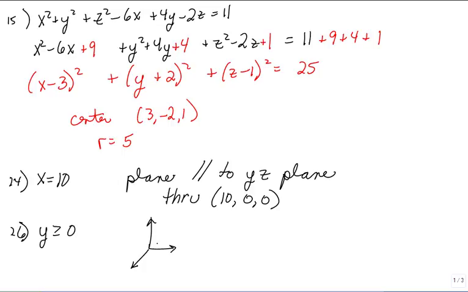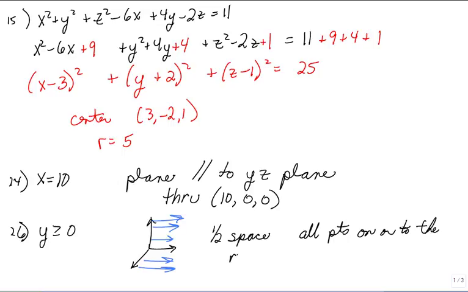Okay, where y is equal to 0, we're going to get all this over here. So that's the half space. We'll call it a half space. It's all points on or to the right of the XZ plane.